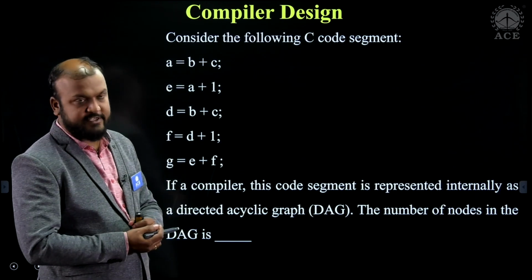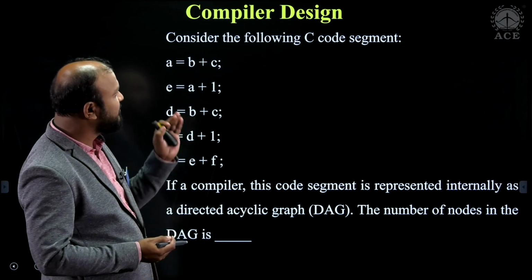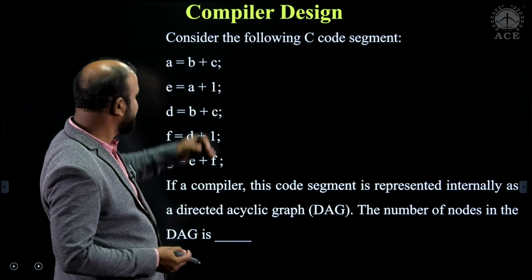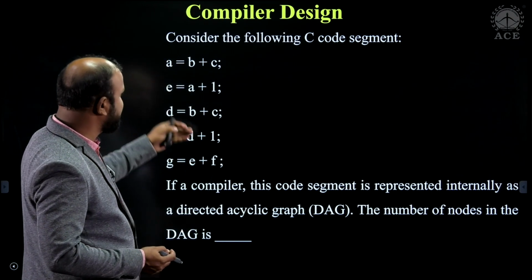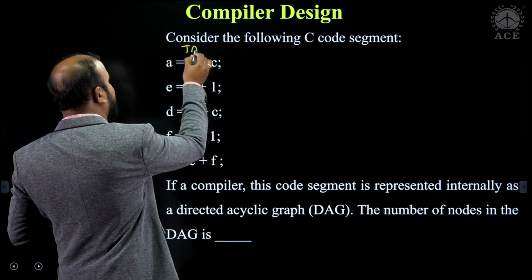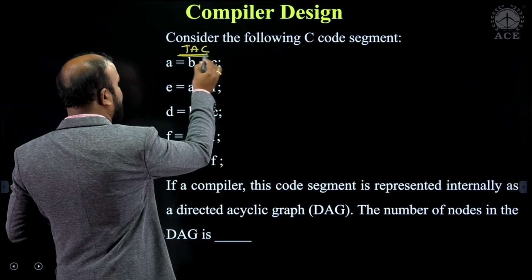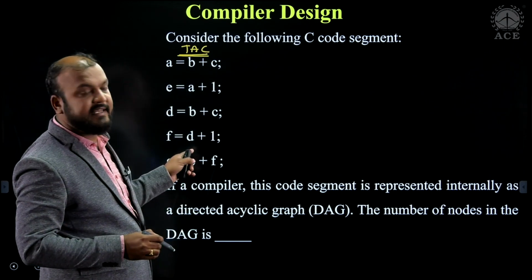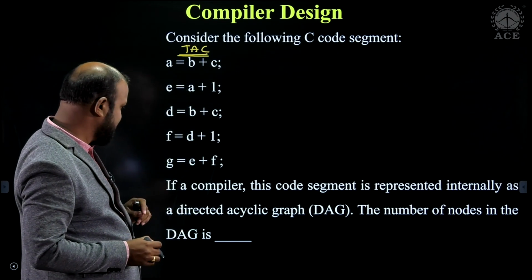Coming to the fourth question. Consider the following C code segment. This code segment is in the form of 3 address code because each statement contains at most 3 references.